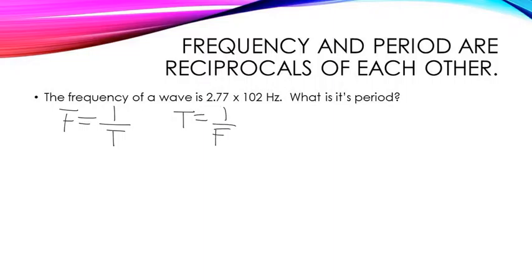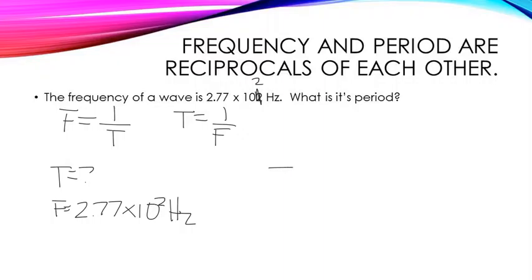So this should be a power of 2. If the frequency of the wave is 2.77 times 10 to the power of 2 hertz, what is the period? So we're looking for period. We know that the frequency is 2.77 times 10 to the power of 2 hertz.